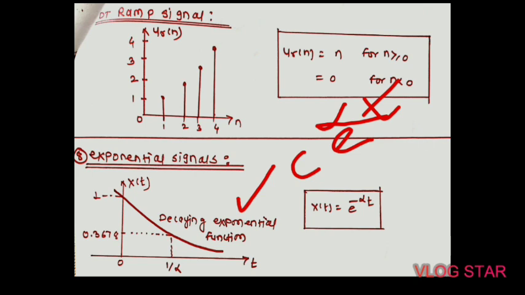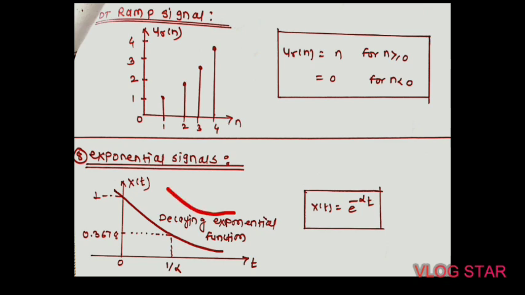The continuous time real exponential signals can be a decaying exponential function or a rising exponential function. In the figure we can see the decaying exponential function. Here the value of that function is gradually decreasing, and the mathematical equation for representing it is x of t equal to e raised to minus alpha t.